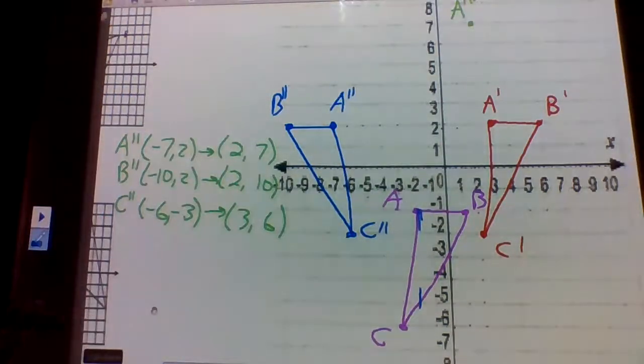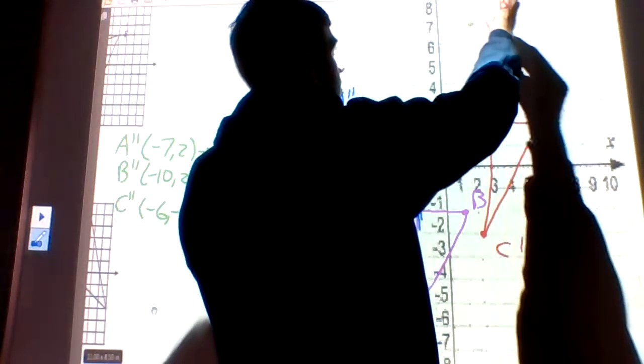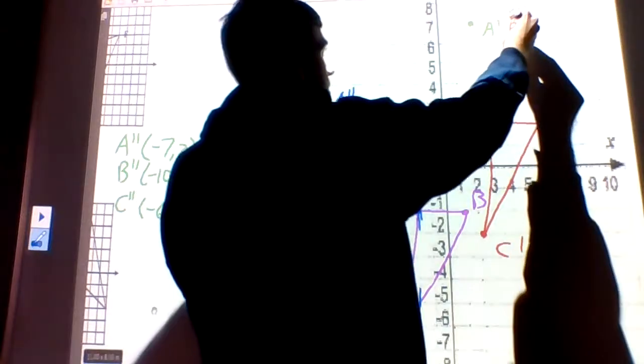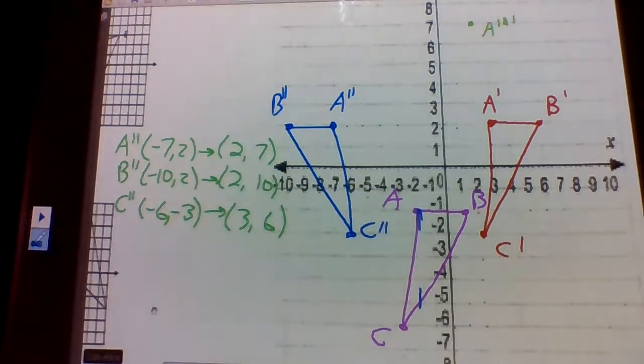Okay, I didn't think ahead very well here. It looks like B triple prime is going to be off the page, but that's fine. Here's A triple prime. Negative 10, 2, so 2, 10.